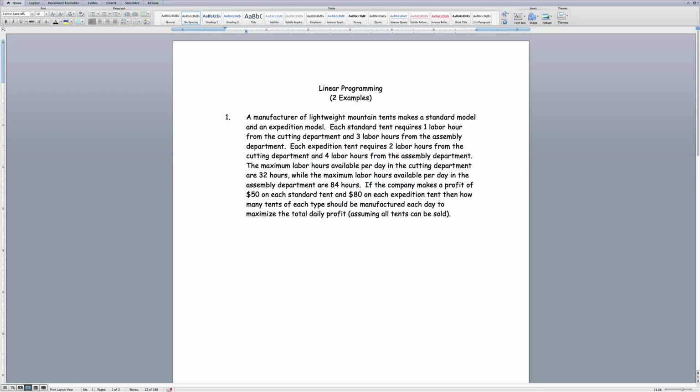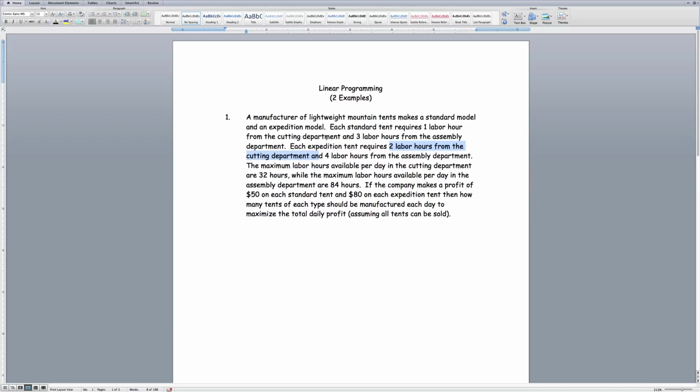So each standard tent requires 1 hour from the cutting. Let's just concentrate on cutting right now. So 1 hour from the cutting for the standard tent, 2 hours from the cutting for the expedition tent. So it should make sense that we're going to have X plus 2Y.